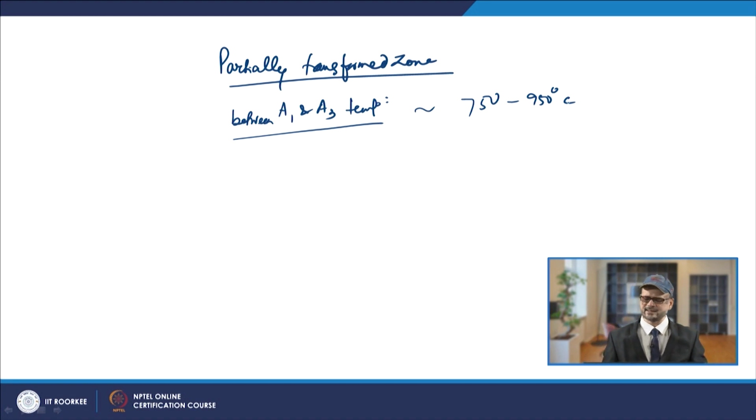In this case, what normally happens is that you get a chunky pearlite type of structure in such zones. Because you are heating, going into that temperature range, and then the temperature comes down further, there is not much time.